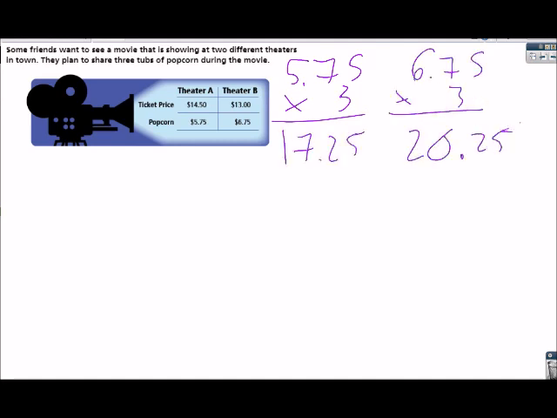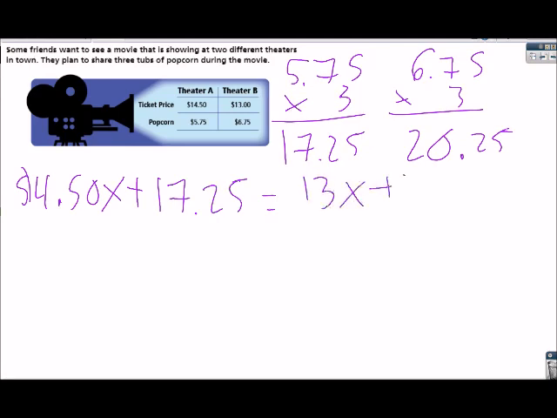So now that we know what the price of the popcorn is no matter where they go, we just have to say theater A is $14.50 per ticket. Per means times x, plus the cost of the popcorn there. The next thing is theater B is $13 per ticket plus the cost of popcorn.